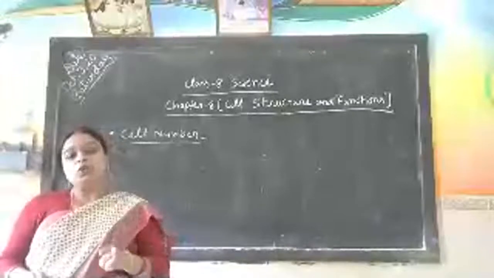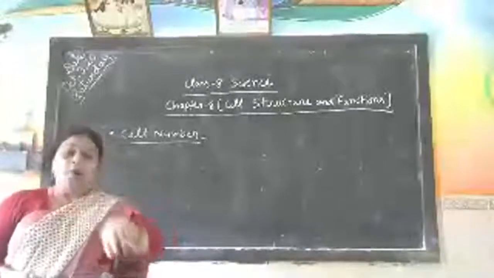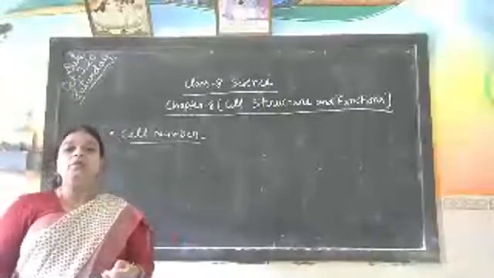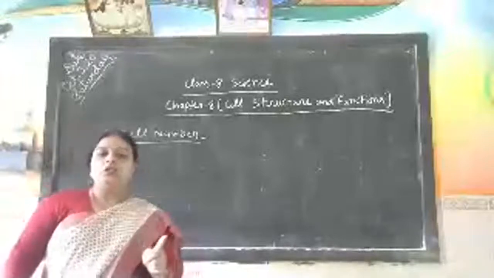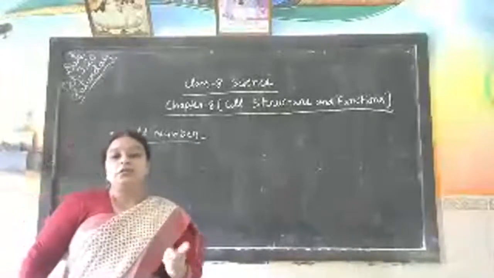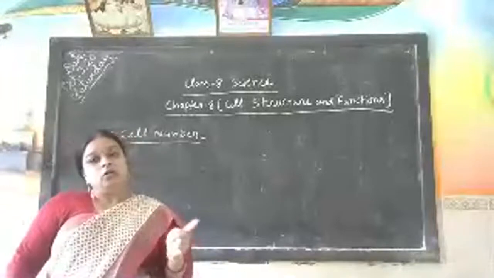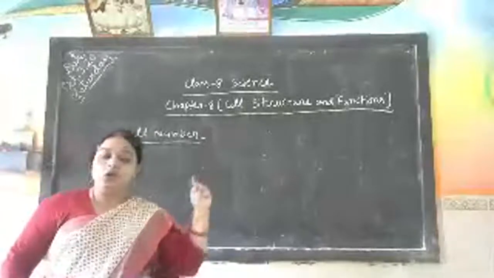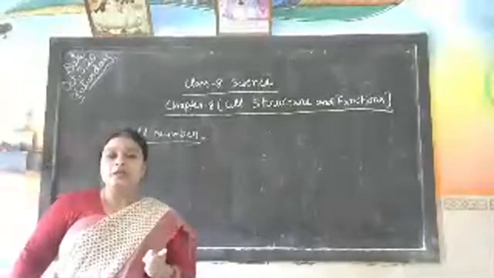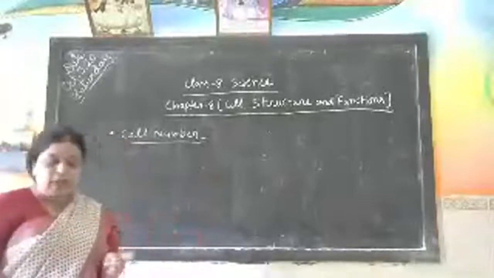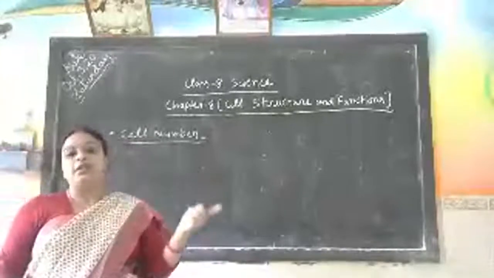First is unicellular and second is multicellular. Uni means one, means one cell organism, or we can say unicellular organism. And multicellular, multi means many.